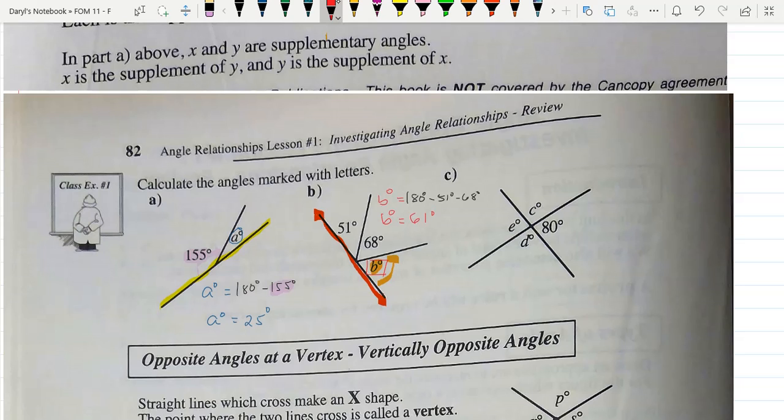So this angle B here is 61 degrees. Again, to check, you can just take the sum of 61 plus 68 plus 51. It should give you 180 degrees.